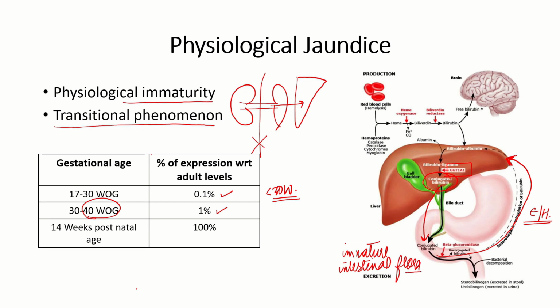A mature flora favors elimination of conjugated bilirubin, while an immature flora favors reabsorption and recirculation, which is enterohepatic circulation. So all in all, we have three major factors. First is increased bilirubin production, second is an immature system to handle it because UGT1A1 is developmentally regulated, and number three is exacerbated enterohepatic circulation.